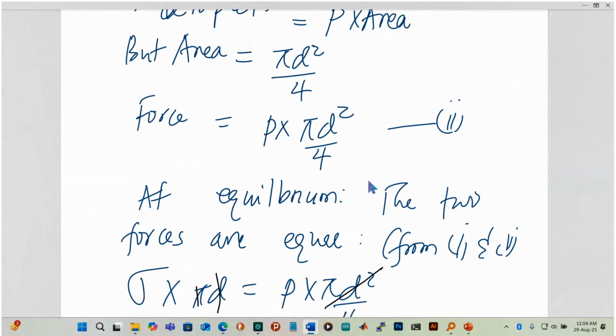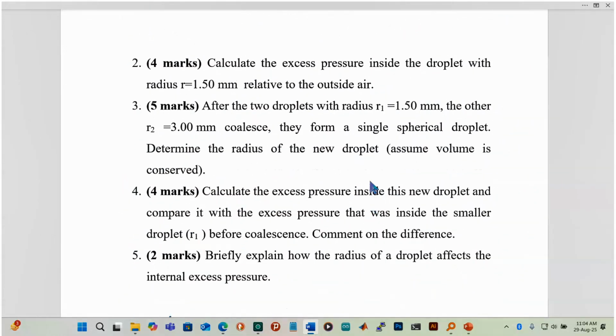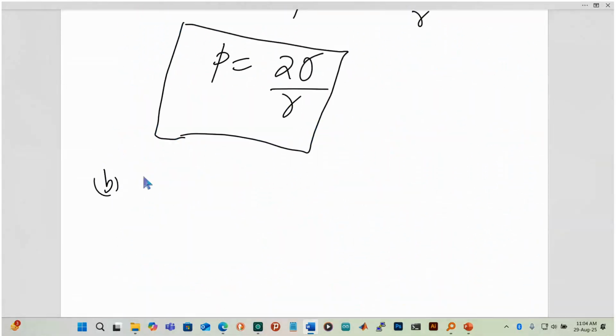So let's look at the questions. Now we are told to calculate the excess pressure when the R is 1.5. So part B, with R equal to 1.5 millimeters, we have to change it to standard units.